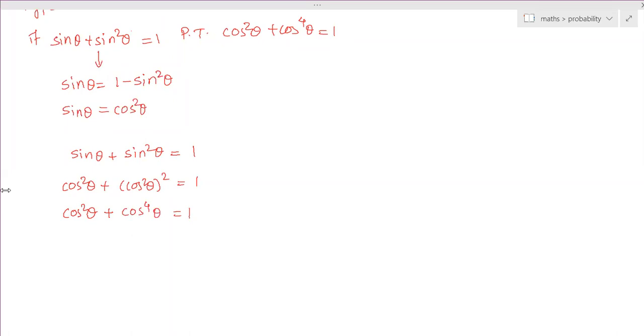Ma'am, how did you get sine square theta is equal to cos square theta whole square? Sine theta is what? Cos square theta. So I have substituted the same value and then taken it to the square, from the same equation given.